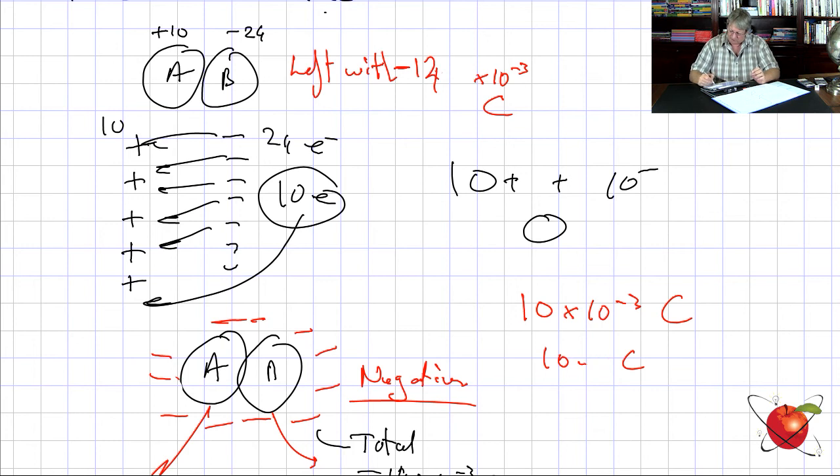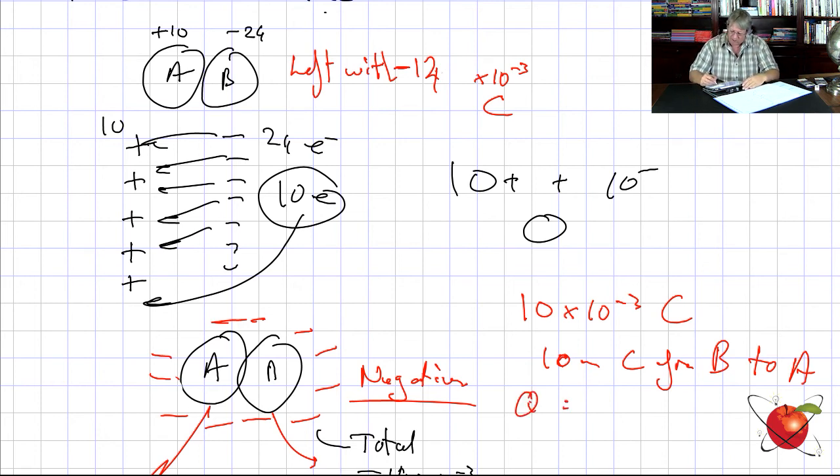Not millicoulomb, coulomb. 10 millicoulombs flowed, correct? 10 millicoulombs flowed, here it is, from B to A, because your electrons went from your negative to your positive, didn't they? So 10 millicoulombs went from B to A. B to A in this case. How many electrons is that?